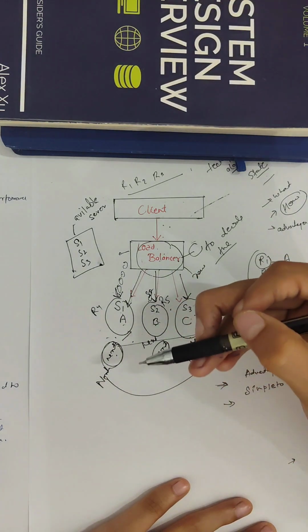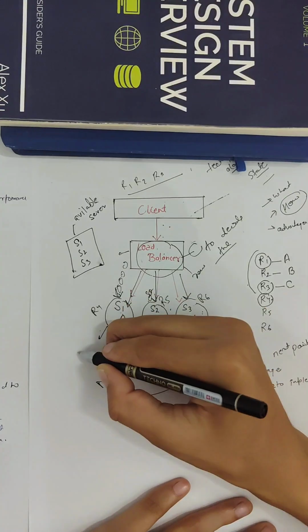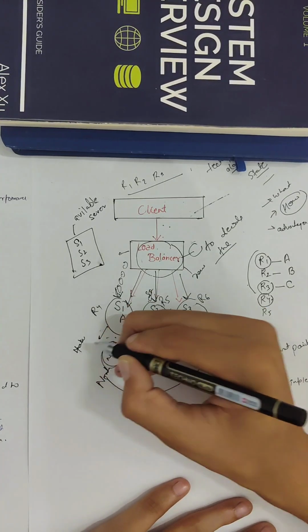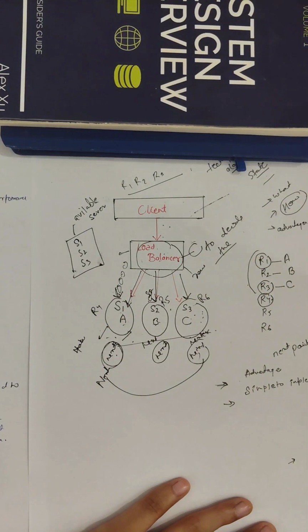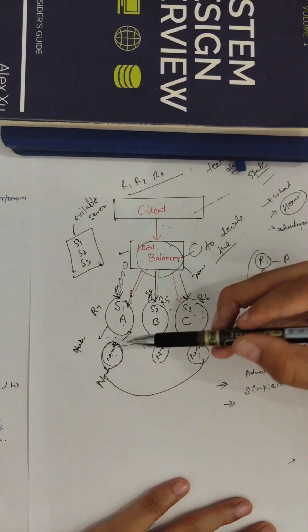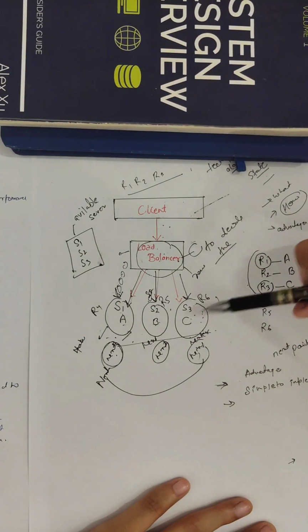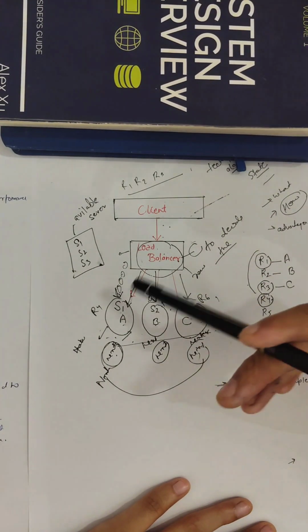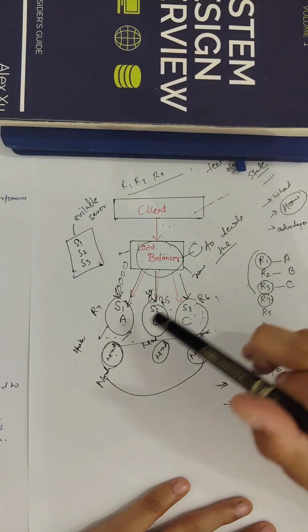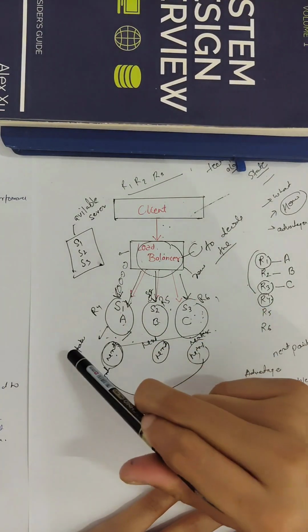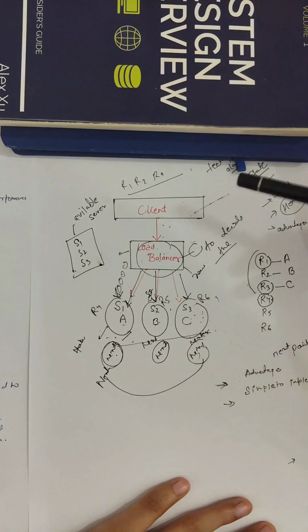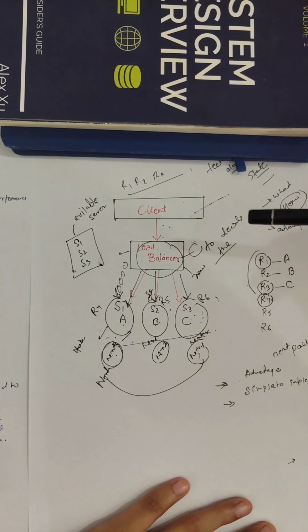There is a delay in resolving the request. So this is a disadvantage, because it does not care about the computational power of the servers. It considers that all the servers have the same computational power, which might not happen in the real world, because our server might be more powerful than other servers.